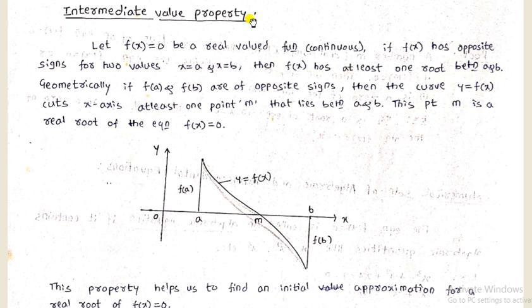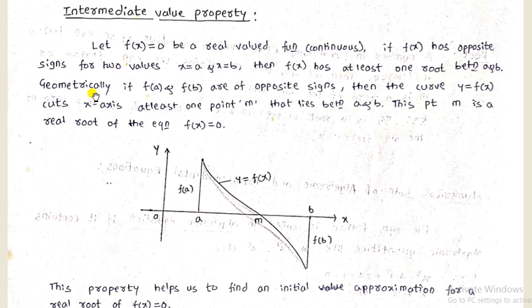Intermediate value property. Let f of x equal to 0 be a real valued function or continuous function. If f of x has opposite signs for two values such as x equal to a and x equal to b, then f of x has at least one root which lies in between a and b.